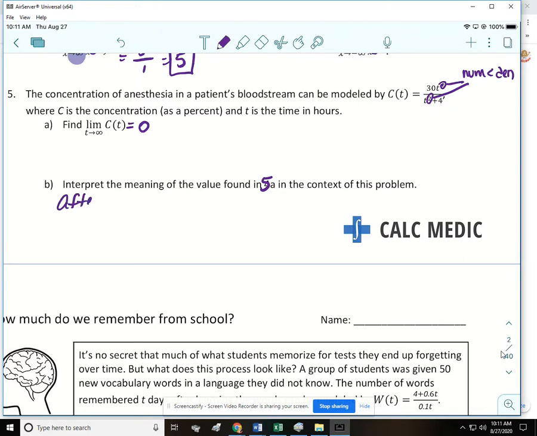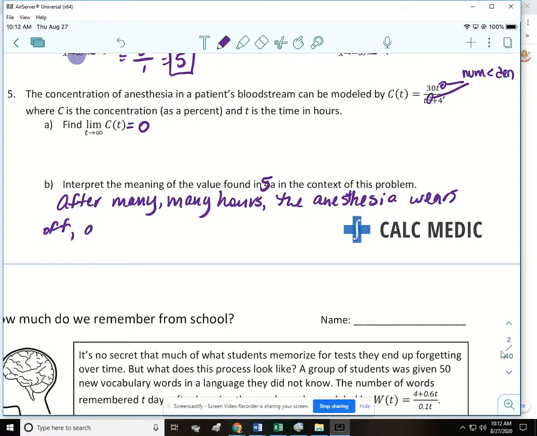So after many, many hours, the anesthesia wears off. And the concentration goes to 0.